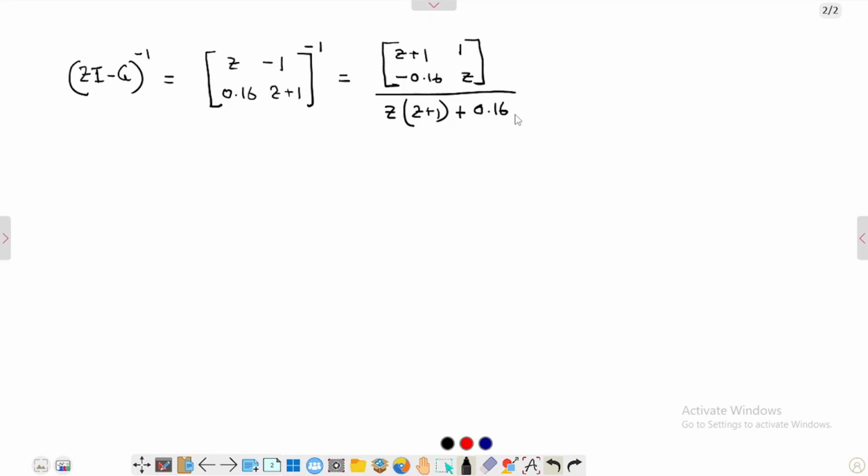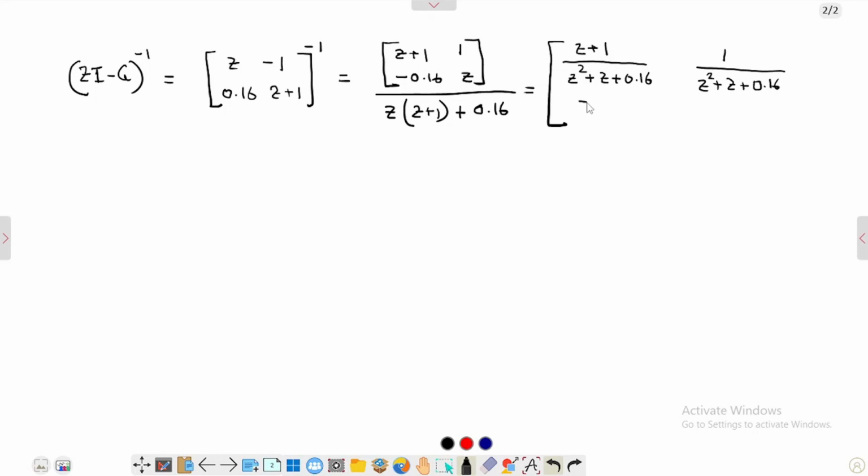So overall I can write this equation in this bigger matrix form: z + 1 divided by z² + z + 0.16. And here I get 1 divided by z² + z + 0.16.